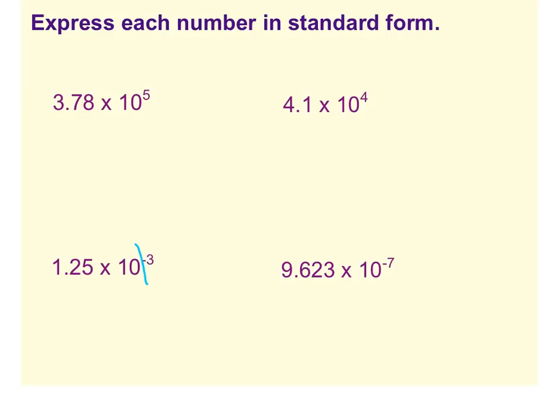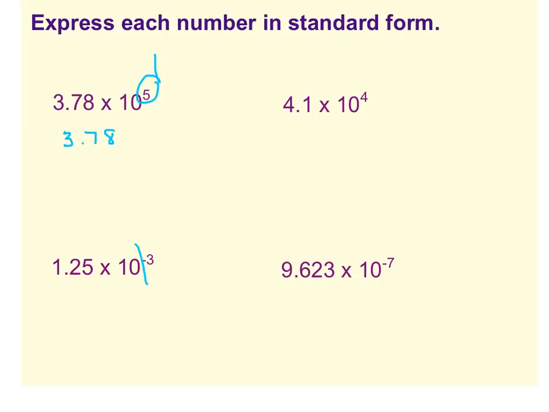Okay. So standard form is going to be, we take the number out of scientific notation. So what you do is you take, this is 3.78 times 10 to the 5th. So all you do is you take your 3.78 and you're going to move your decimal. Because this is a positive 5, that means that you want a bigger number.